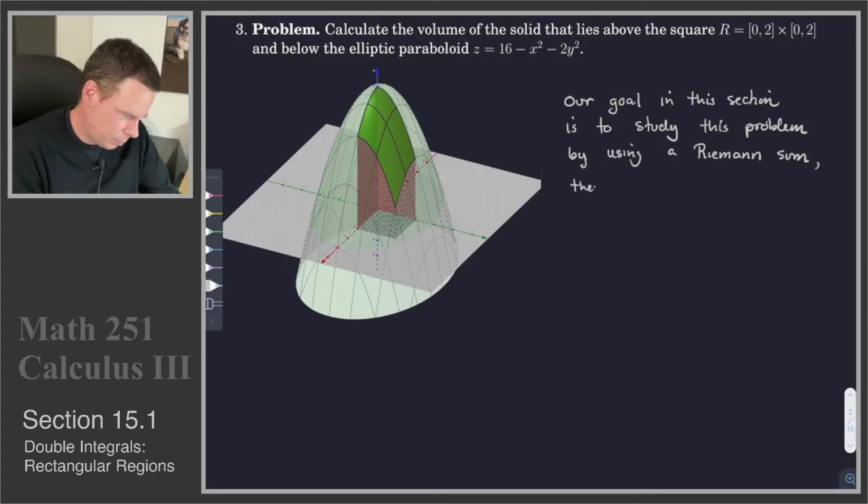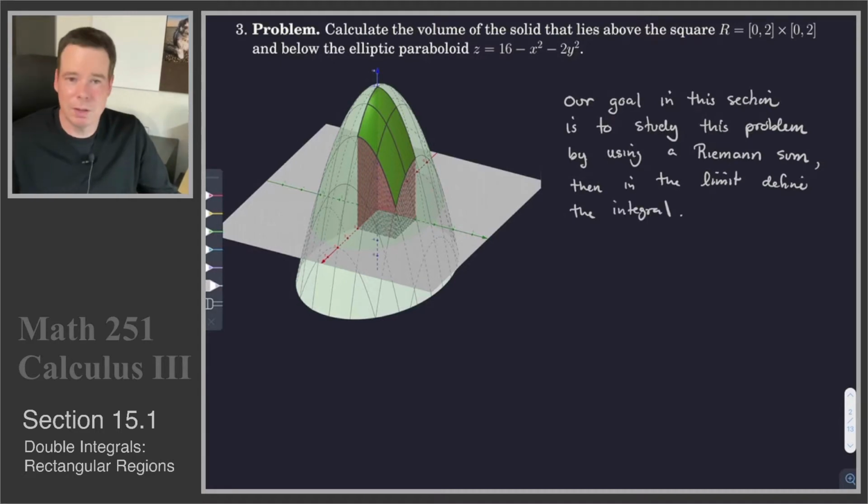Then, in the limit, as the number of boxes goes to infinity, we will define the integral. So the integral will be the limit of these Riemann sums, and the integral will give us the exact value of the volume.